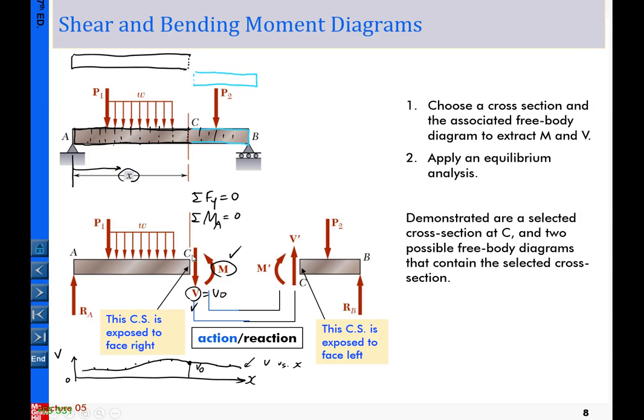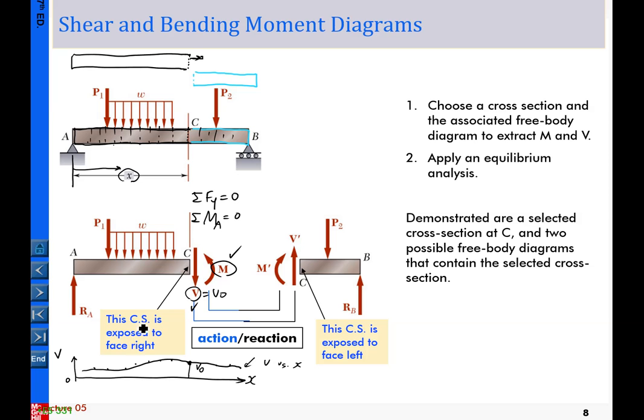And right now, before we move on, let me introduce new terminologies. If you choose the free body diagram of this portion, then that is the cross section you exposed, and you can see its outward normal direction faces right. So that is the out normal.